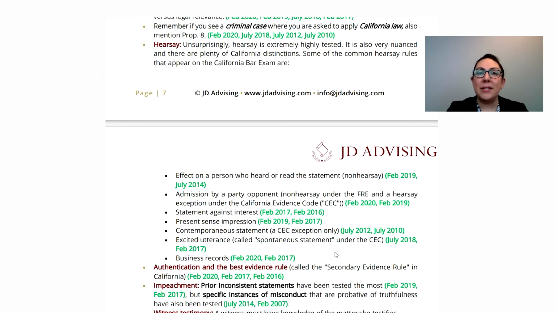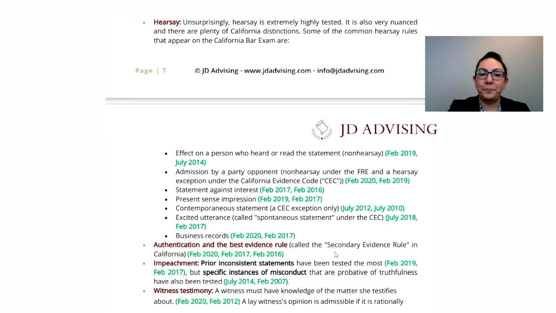You may see a piece of hearsay and think this is clearly a party admission or an opposing party statement, and so you're going to discuss it as an opposing party statement. If it is possible that it's also a present sense impression, an excited utterance, and a statement against interest, you probably need to also include a discussion of those as well. So you can see how the issues quickly add up here in evidence and how there would be a lot to discuss.